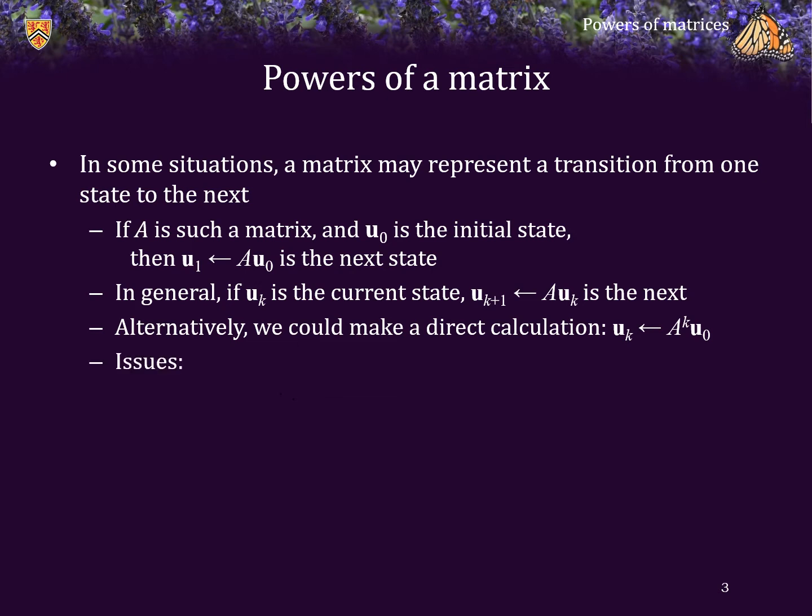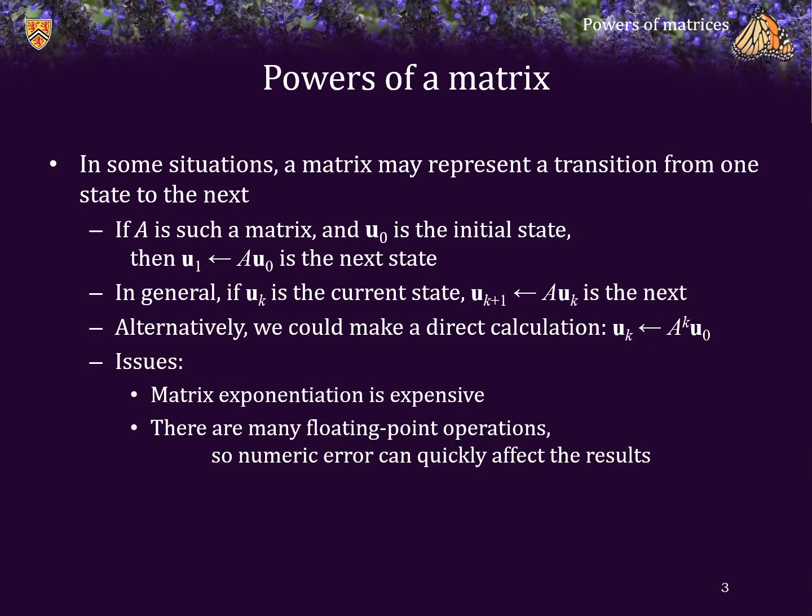There are, however, some issues with these approaches. Well, first of all, calculating a matrix exponential is expensive. Raising a matrix to the power n is something you generally would rather avoid. Also, there's going to be very many floating point operations occurring here.